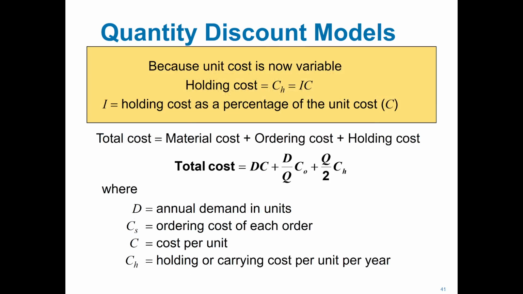Now because unit cost is now variable, the holding cost is some percentage of the item cost. So we have I as the holding cost as a percentage of the unit cost, and we will just replace CH with IC here.